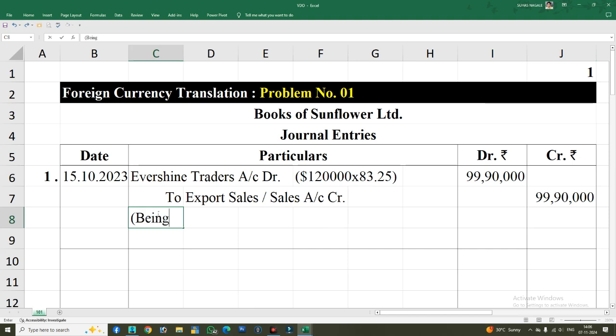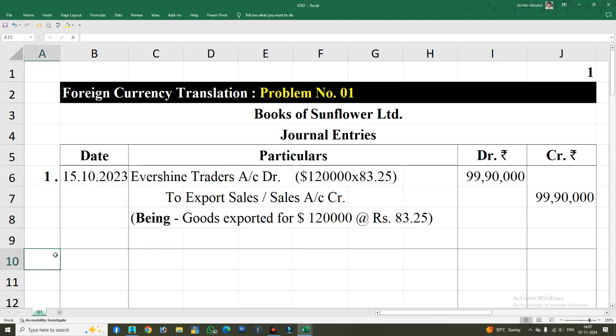Right, narration being goods exported for $1,20,000 at the rate of rupees 83.25 per dollar in Indian rupees.